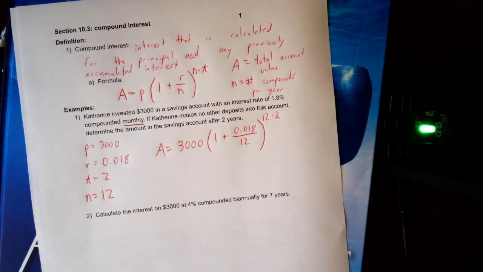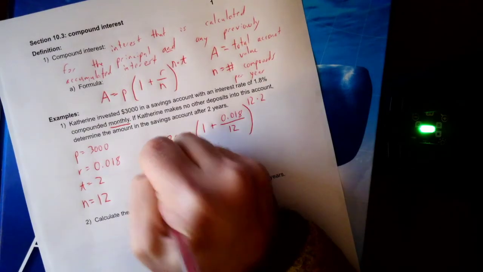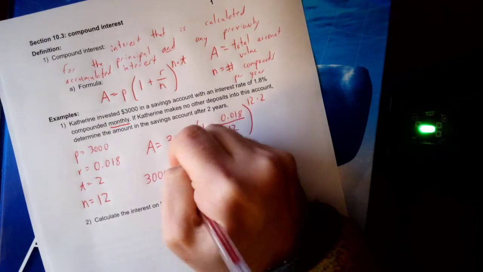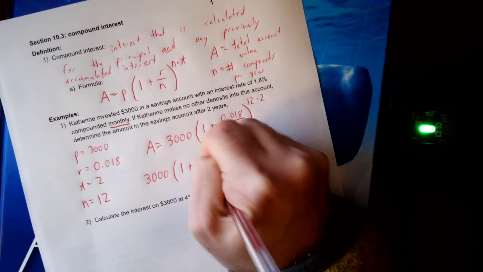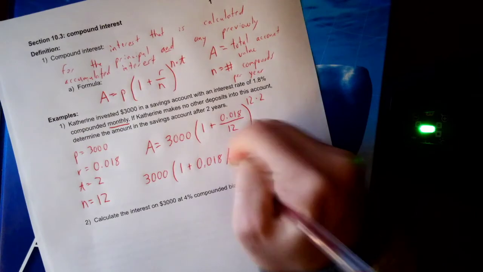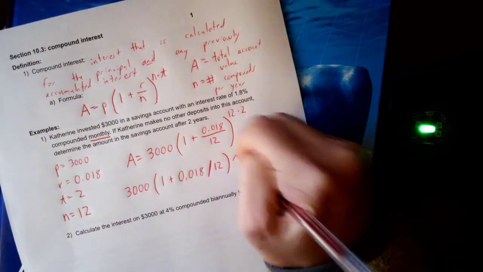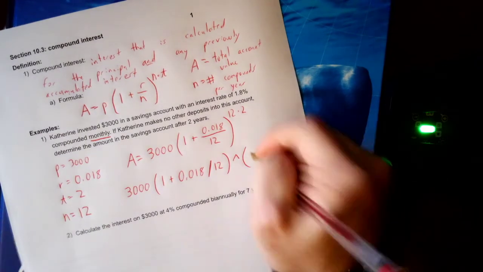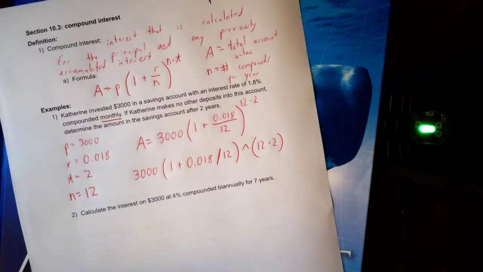However, we could type the value into Google by typing 3,000, parentheses, 1 plus 0.018, and then we would type the slash symbol, 12, close parentheses, caret sign, open parentheses, 12 times 2, close parentheses.